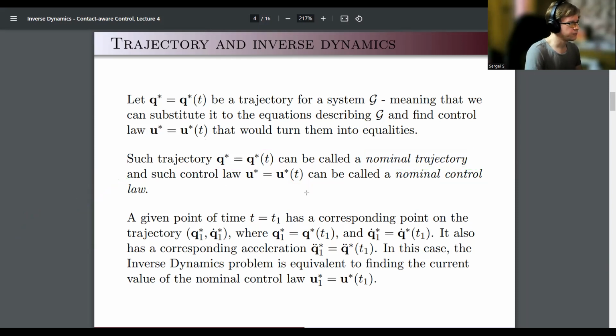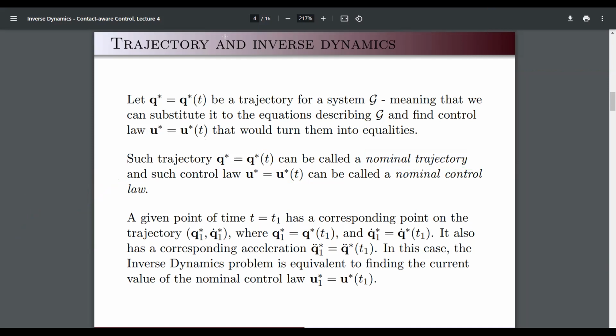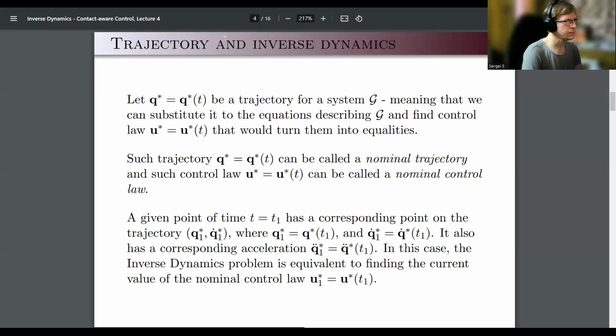Now, let's move on. Let's say you have a point of time t. So let's consider this point of time t equals t1. To this point of time, we have a corresponding value of q of t, so it will be q1.